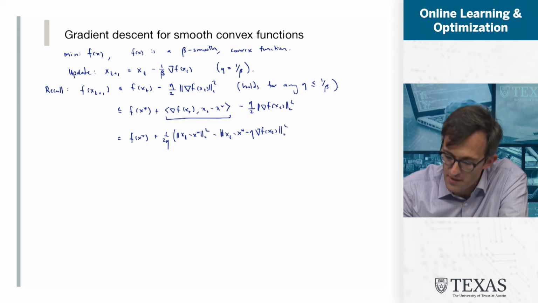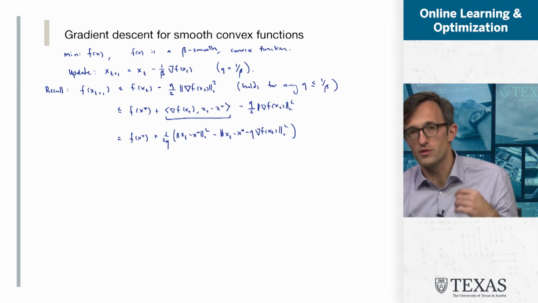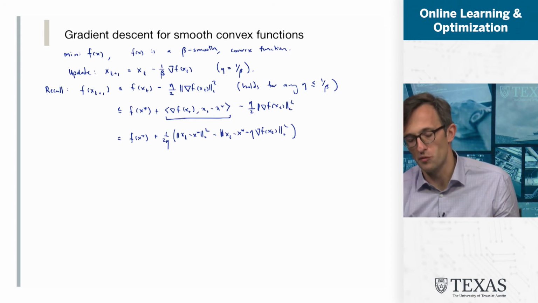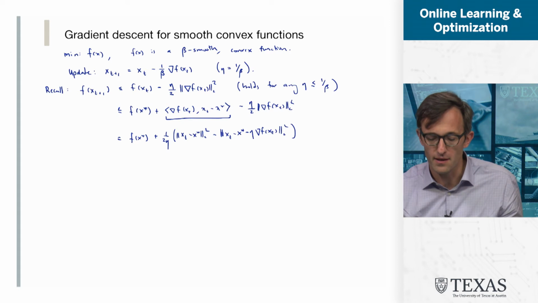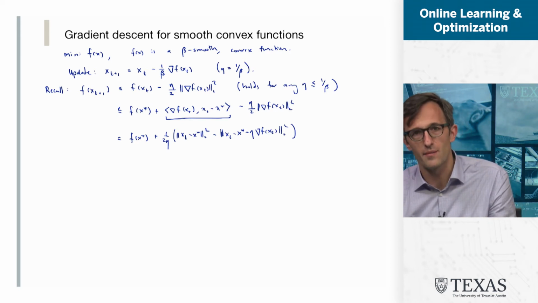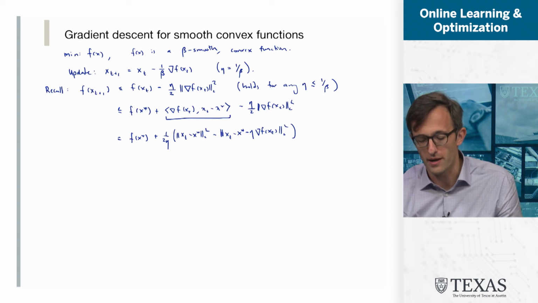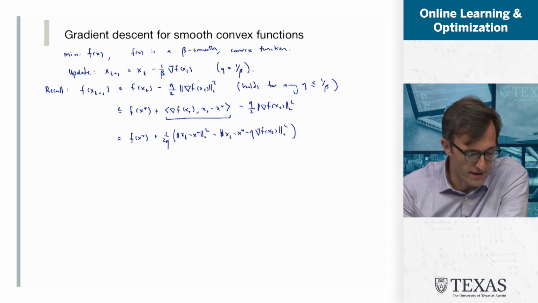Again, what did I say about these general proofs? There are a few steps of the proof that use key properties that we've derived, or key properties of the function, smoothness in this case, and convexity. Everything else is essentially playing with quadratics. So this last step is just rearranging the terms of a quadratic. You can expand these two quadratics out and see that all the terms above are accounted for, and I haven't added anything else.